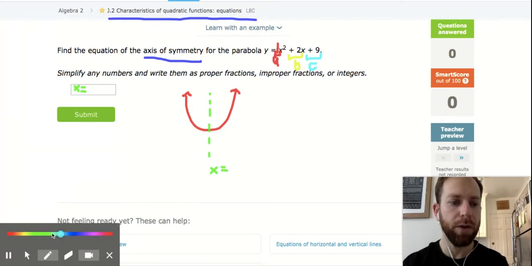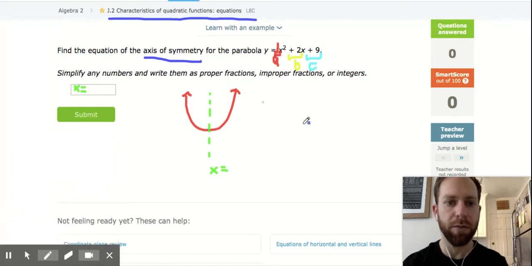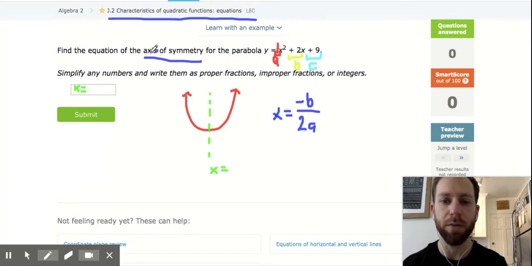Now the formula to find the axis of symmetry, your x value will be equal to negative b divided by 2 times a. So you just use this formula and then you'll get your x value, and that will tell you what the axis of symmetry is.